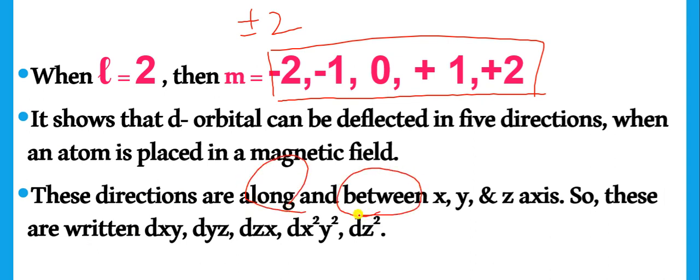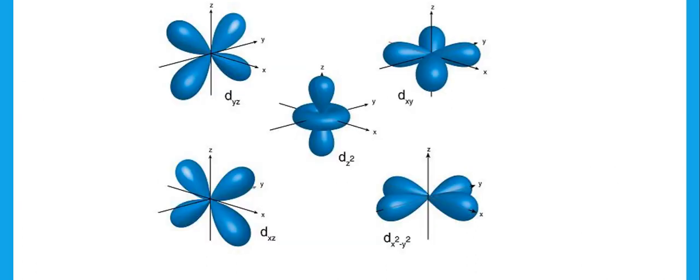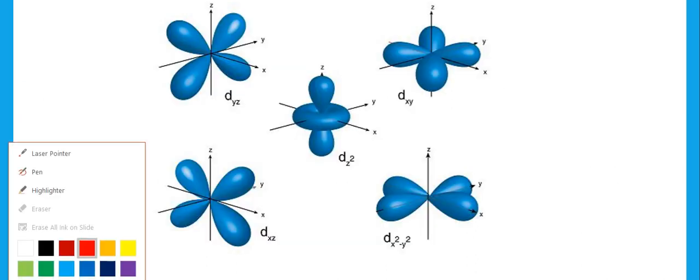Students, just note the difference: in the p orbitals all are along the x, y and z axis, but in the d orbitals they are along and between the x, y and z axis. So these can be written as dxy, dyz, dzx, dx square minus y square and dz square. And you should practice drawing these d orbitals also.